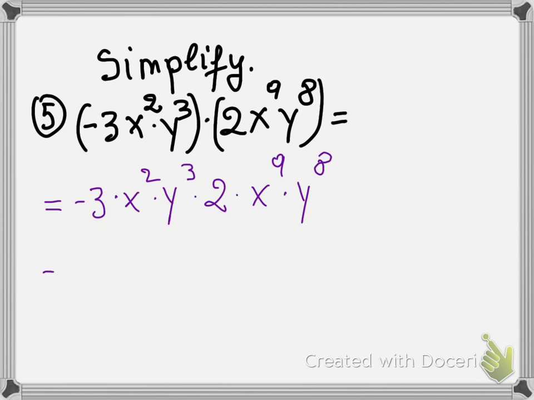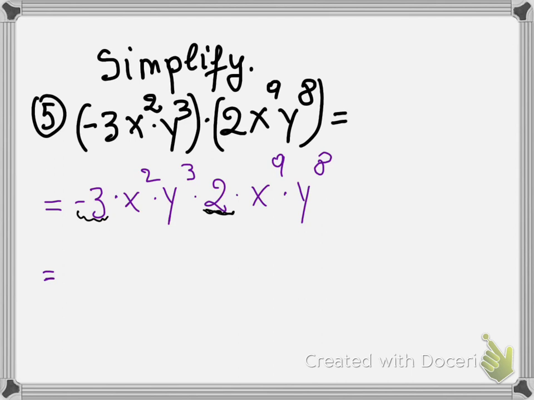Recall that we can multiply powers of the same base, and also we have numbers. So we're going to multiply negative 3 times 2, and the reason we do this is because multiplication is commutative, which means that we can change the order of the numbers we're multiplying.